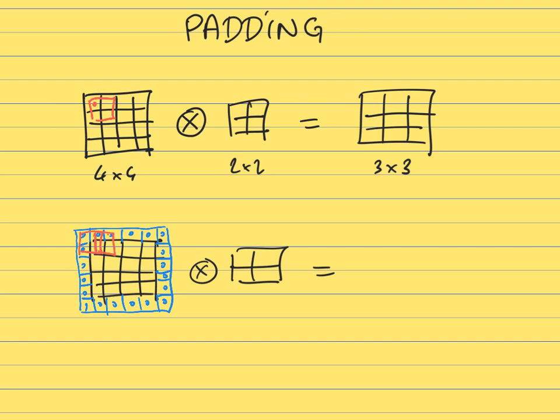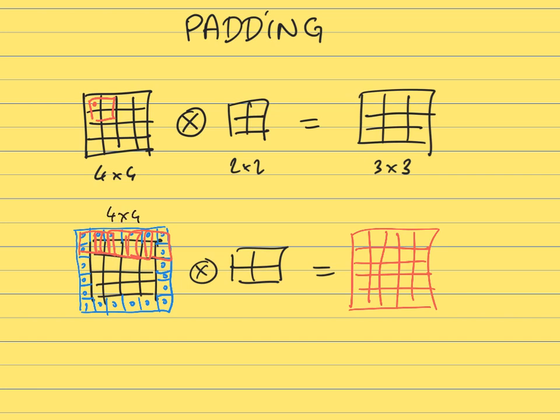That's going to be 1, 2, 3, 4, and then 5. So now the result will be a 5 by 5 grid. That's going to become an even larger grid than initially. You started with a 4 by 4 image.